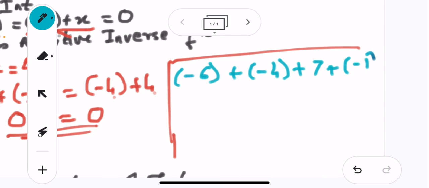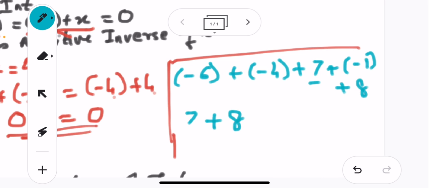Now here what we have done, we have opened these brackets first, and we will rearrange the integers according to their sign. Now here first I will write this 7 plus 8.